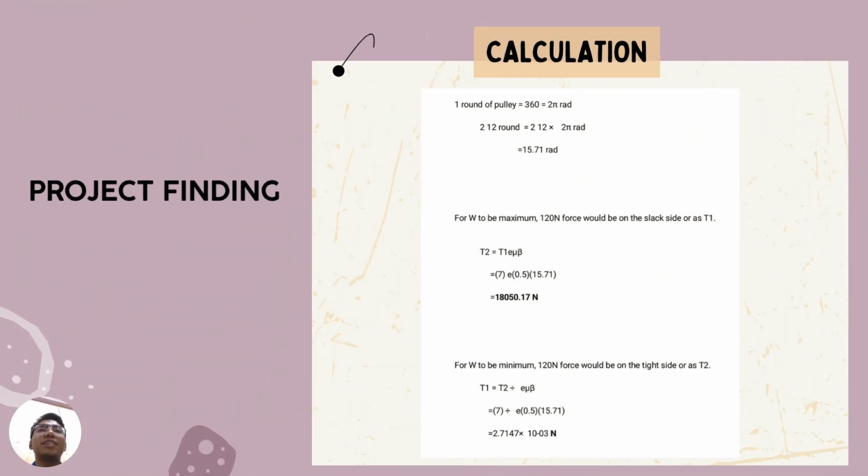One round of pulley is 360 degrees, equal to 2 pi radian. 2.12 rounds times 2 pi radian equals 50.71 radian. For W to be maximum, 7 Newton force will be on the slack side or T1.